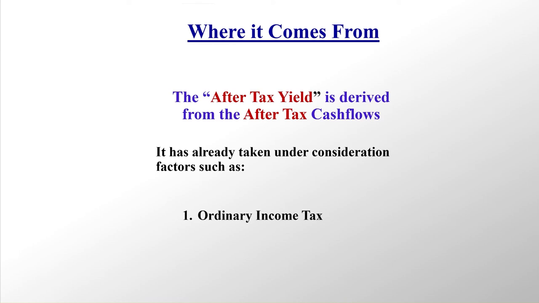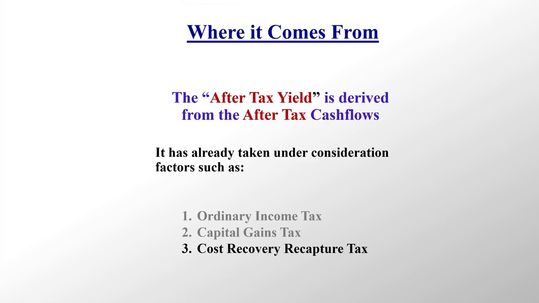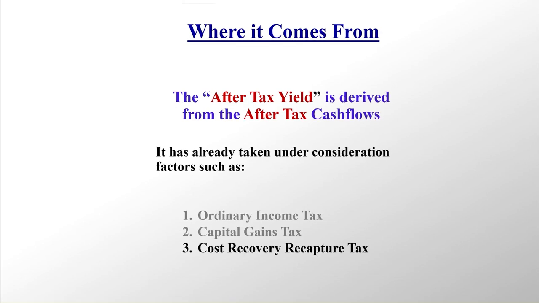Our after tax yield or internal rate of return is derived from the after tax cash flows, which already takes into consideration factors such as ordinary income tax, the capital gains tax, and the cost recovery recapture tax. The impact of these three factors is that it dampens and reduces the amount of taxes that we have to pay as an investor. An example would be a great way to explain this.